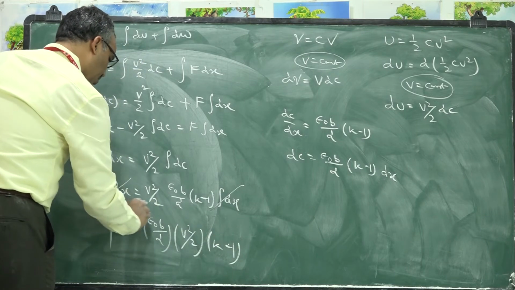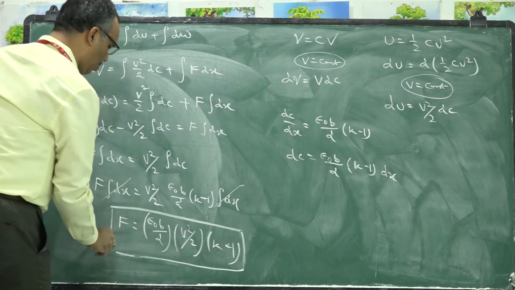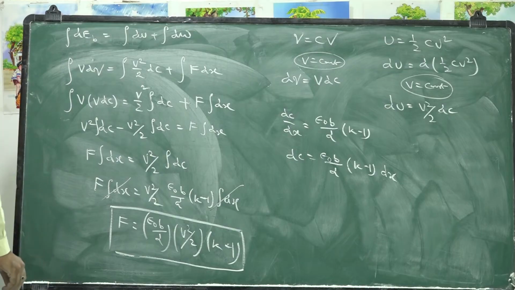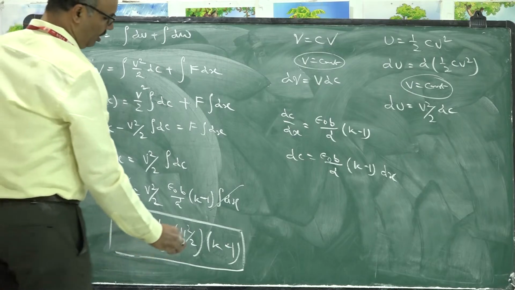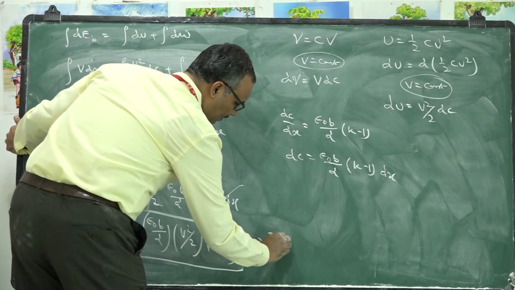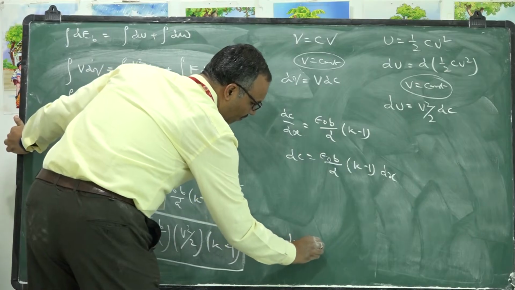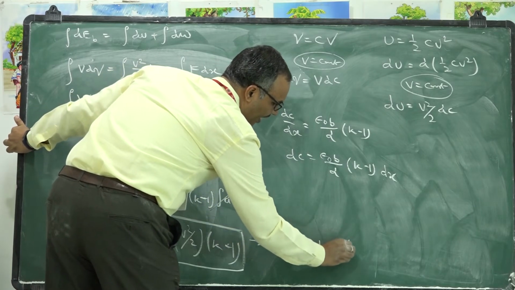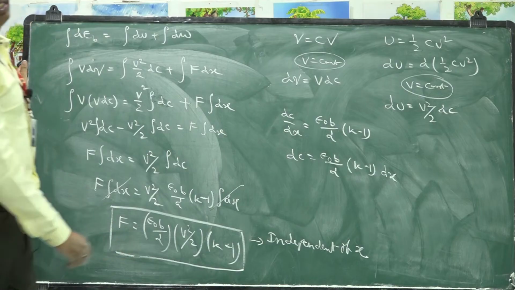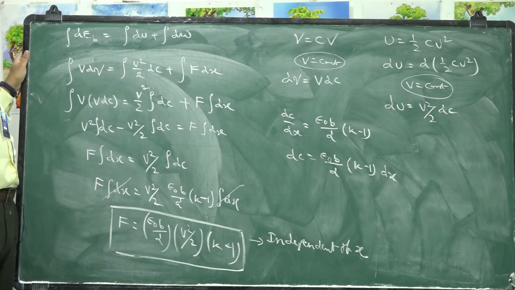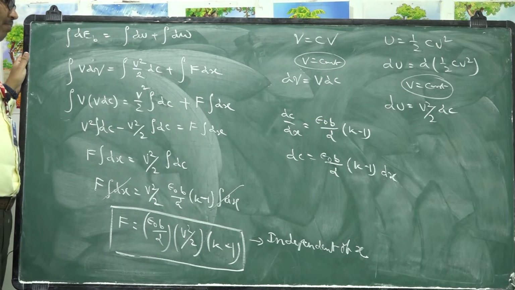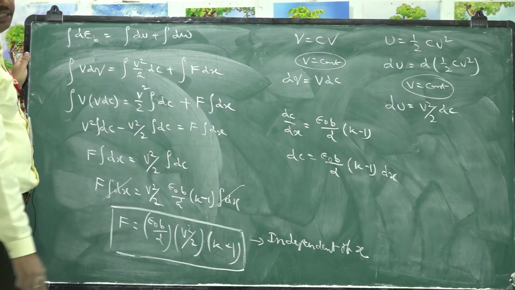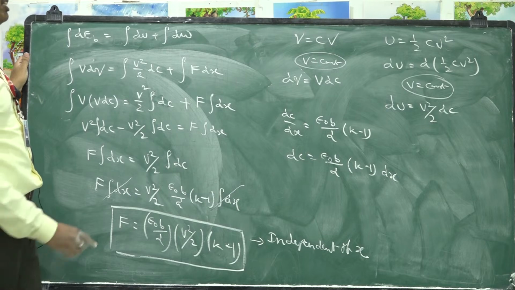Don't worry about the derivation. Try to remember this formula: V square by 2 into epsilon naught b by d into k minus 1. And clearly it is independent of x. So we succeeded in calculating the force acting on the dielectric when the battery is still connected, unlike the last case, when the battery was disconnected.